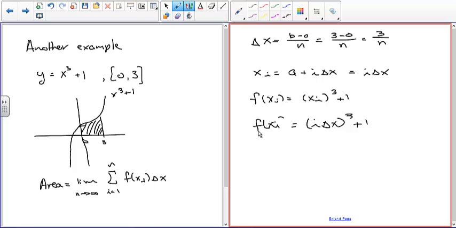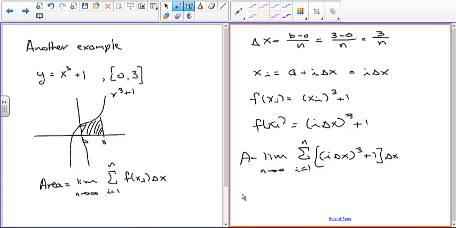And those are the three things we need, because the area is equal to the limit as n goes to infinity of the summation from i equals 1 to n of the value of the function, which is going to be (i times delta x) cubed plus 1. So that's f of x sub i times delta x. And I'm just going to leave it at delta x right now.